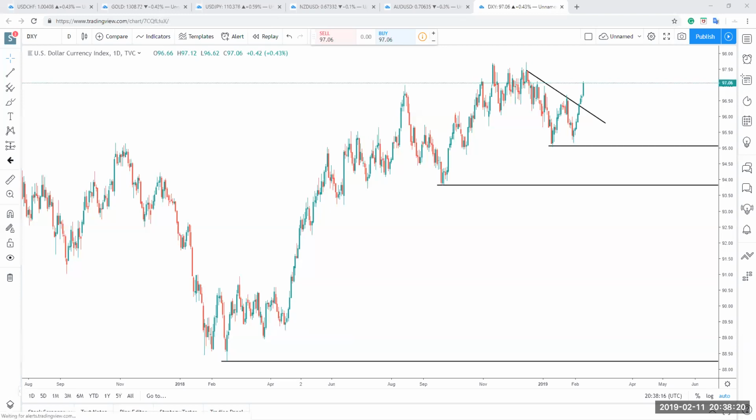Great British Pound AUD. We call this liquidity line or out.